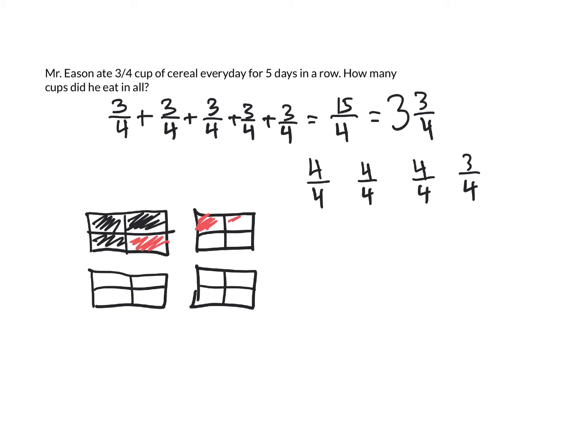Then another set of 3, and another, until altogether that's 15 pieces. All I did was color in each set of 3 with a different color. I used 5 colors because there are 5 sets of 3/4. And then I can count them up, and I end up with a whole here, a whole here, a whole here, and 3/4.